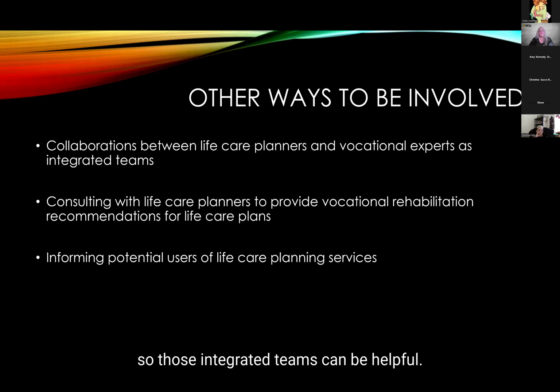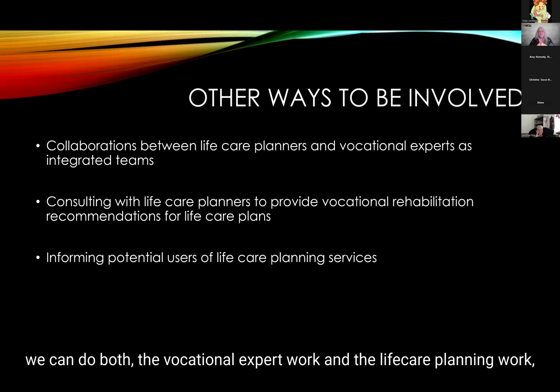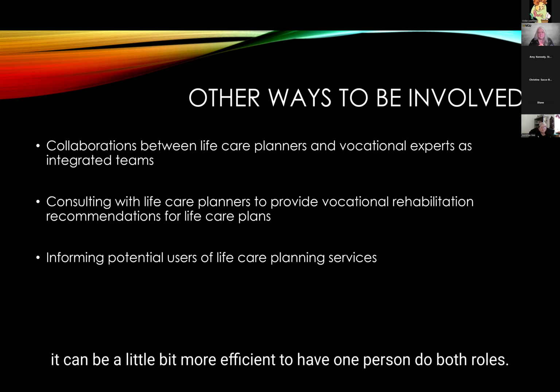So those integrated teams can be helpful. Some of us can be an integrated team in and of ourselves. We can do both the vocational expert work and the life care planning work. Sometimes people hiring like that. It can be a little bit more efficient to have one person do both roles.